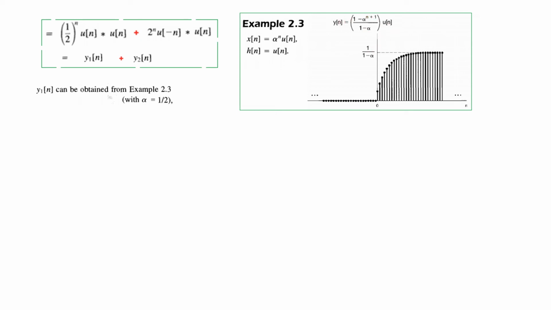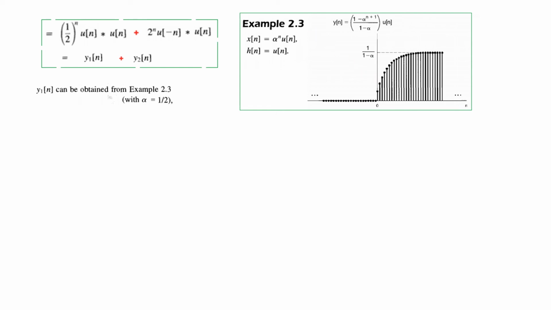When we plot it, putting n equal to 0, the value at this point will be 1 divided by 1 minus a. So this we had solved in example 2.3.